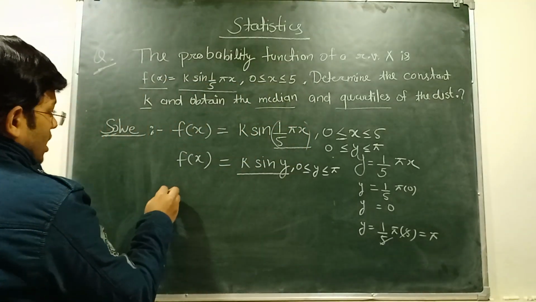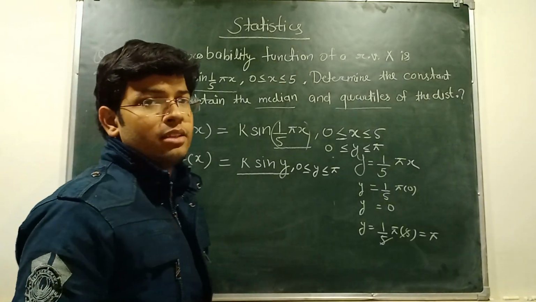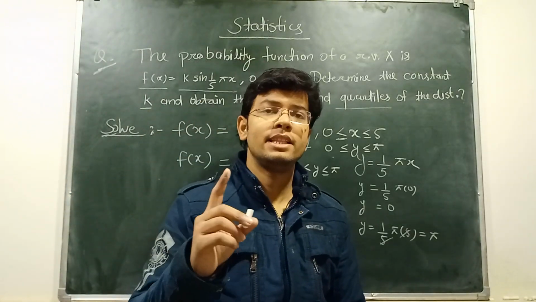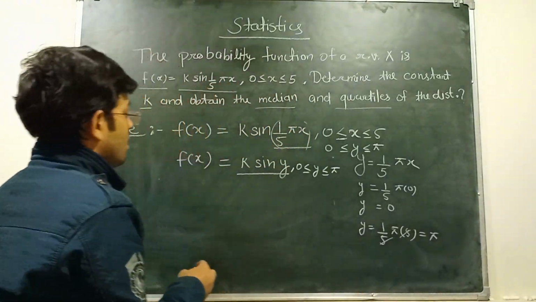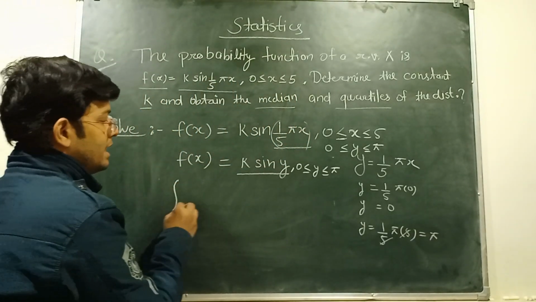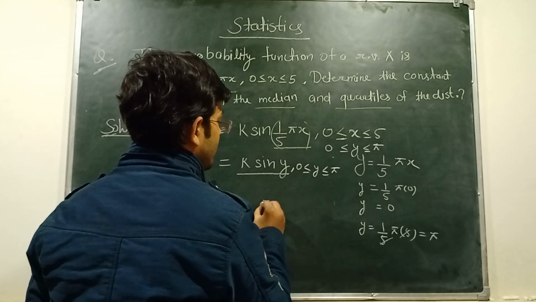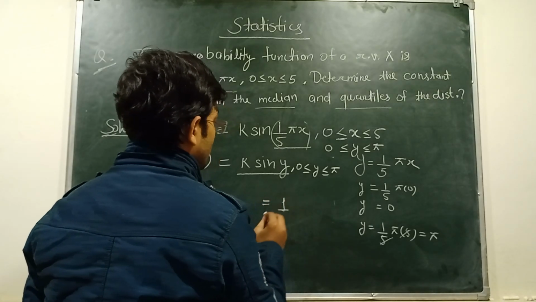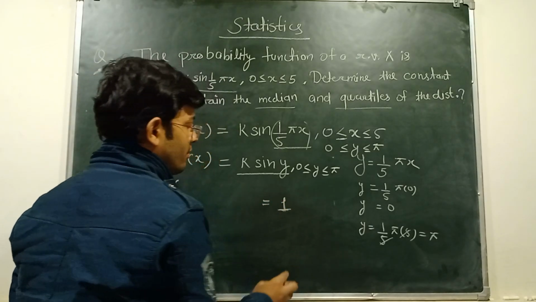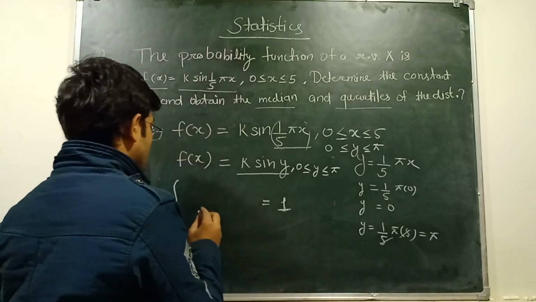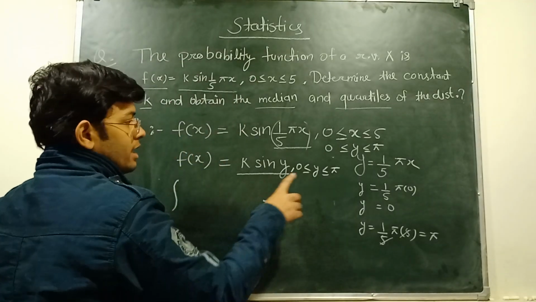Now we will find the value of k. So how to find the constant in this case? We integrate and we put the value equal to 1. Now how to integrate?